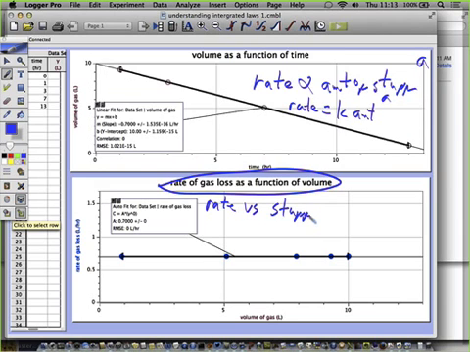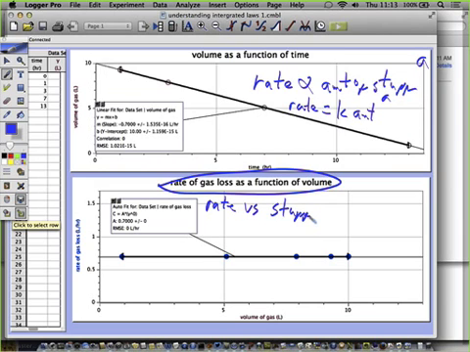Rate versus stuff. Yeah. And when we graph rate versus stuff, we got a horizontal line. I mean, there's no deducing here. We graphed it. It was a horizontal line. What does that imply about the value of A? 0. The value of A must be 0 because rate versus stuff's a horizontal line.